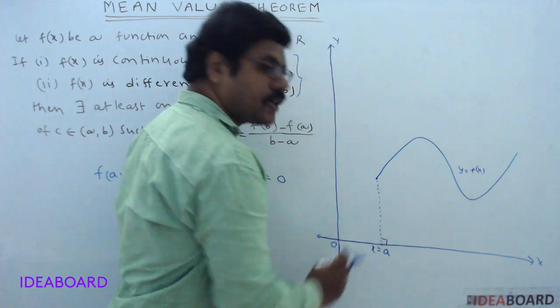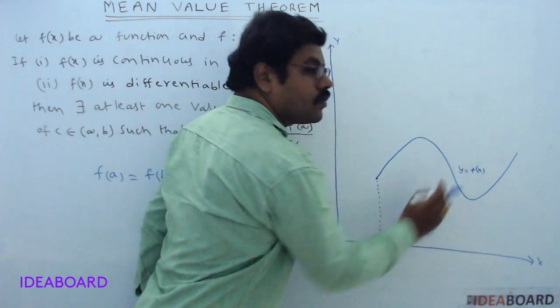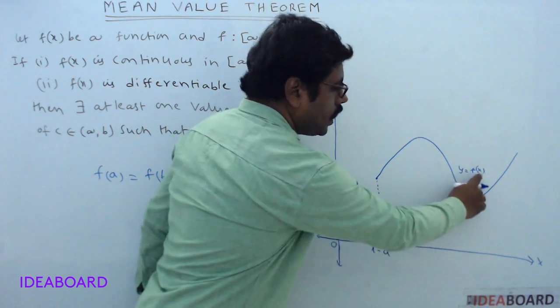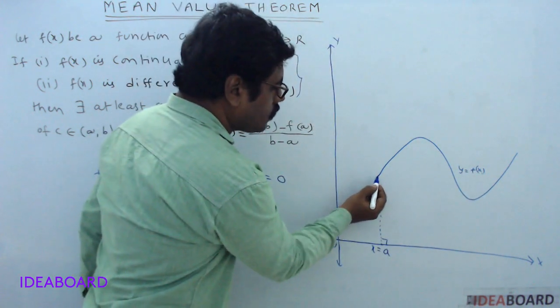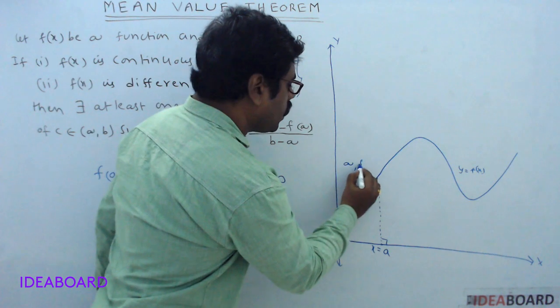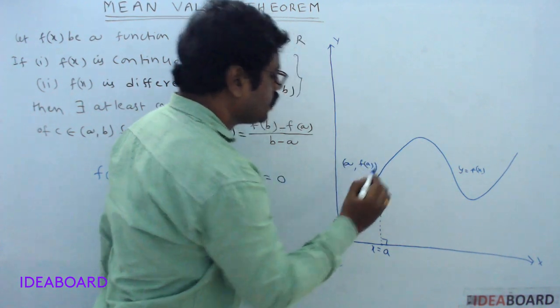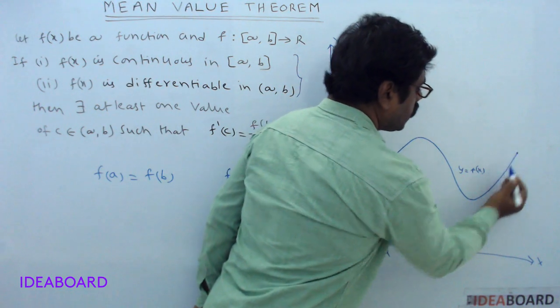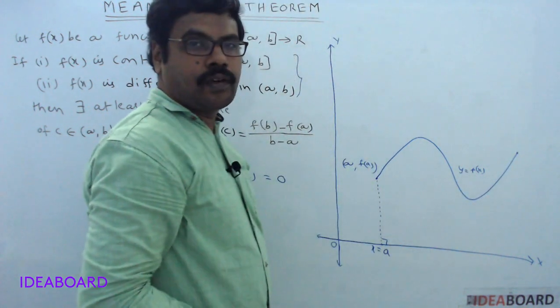Suppose we take this point as a, that is nothing but x equals a. By substituting x equals a in this equation, you get y equals f(a). So this point's coordinates are (a, f(a)). Next, this is another point on the curve y equals f(x).